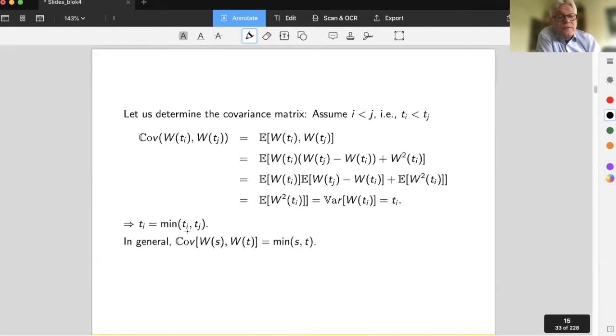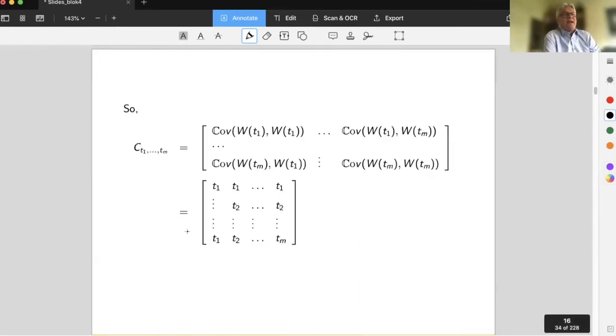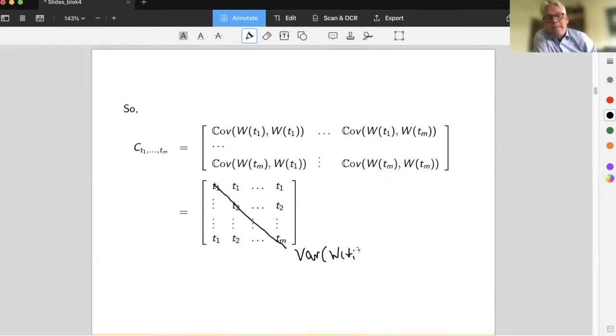So in general, the covariance of W_s and W_t will be given by the minimum of s and t. Now if we write down this covariance matrix, the part still missing from the expression of the joint density function, then on the diagonal we will have the variance, by definition.